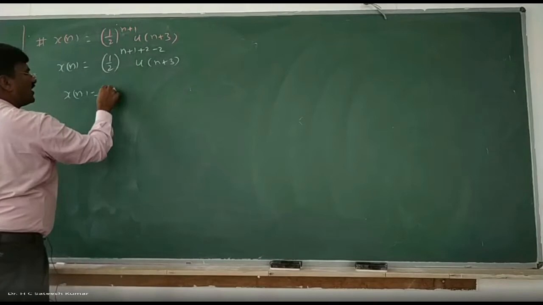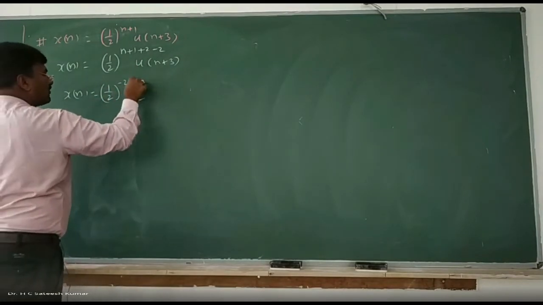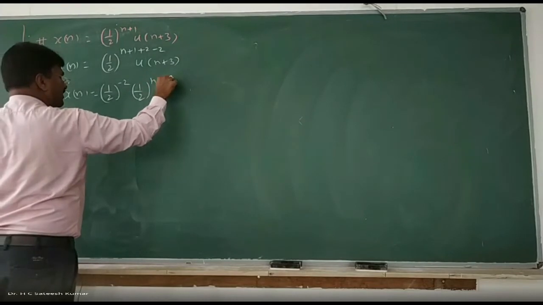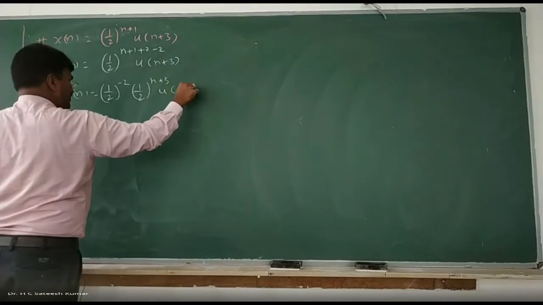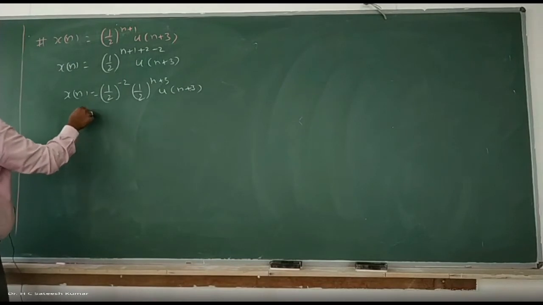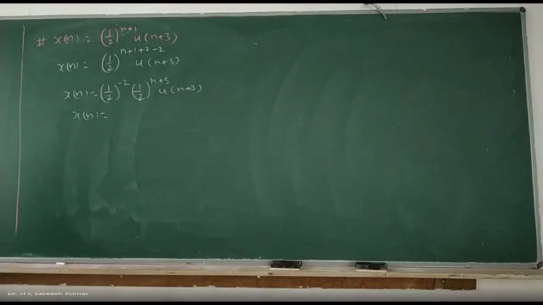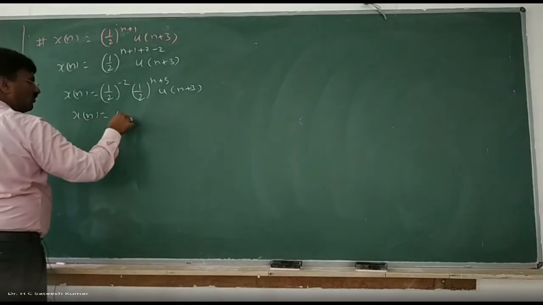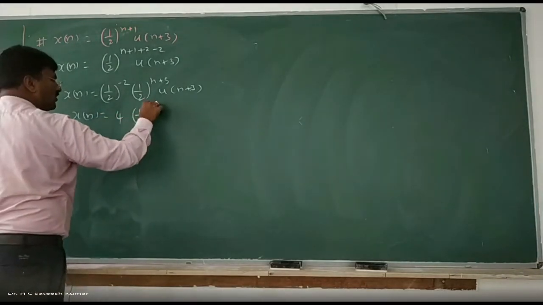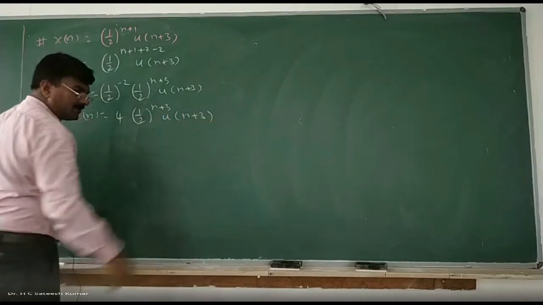Half to the power of minus 2 you can take outside: half to the power of minus 2 into half to the power of n plus 3 into u of n plus 3. Half to the power of minus 2 is 2 to the power of 2, which is 4. So x of n is equal to 4 into (1/2)^(n+3) into u of n plus 3. We can get it.